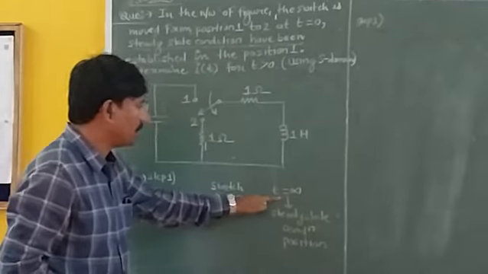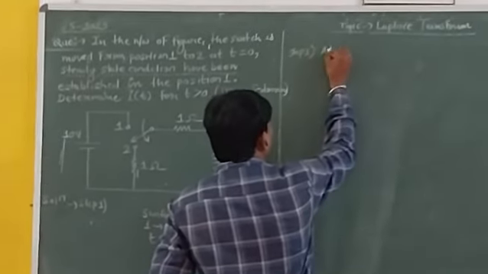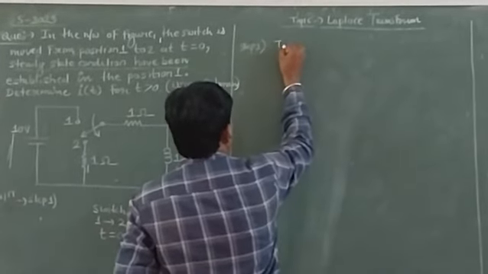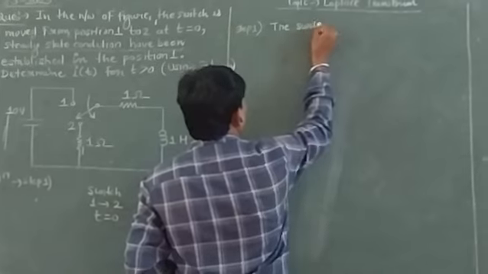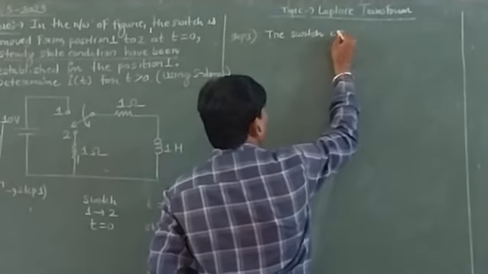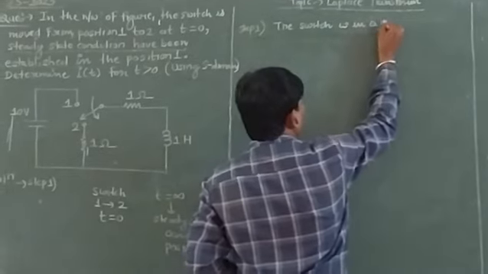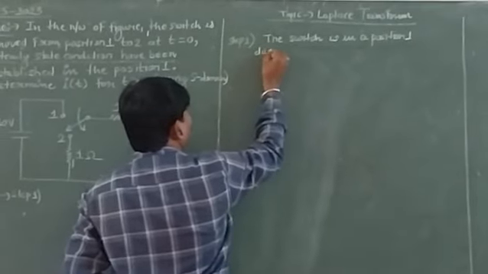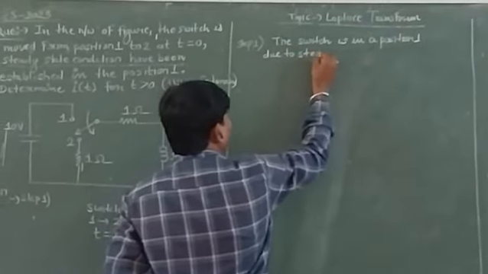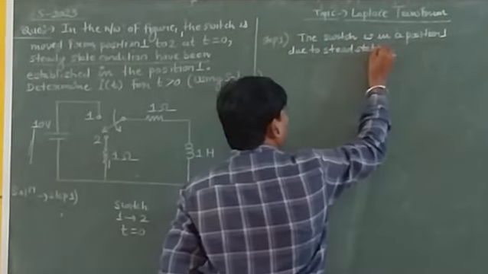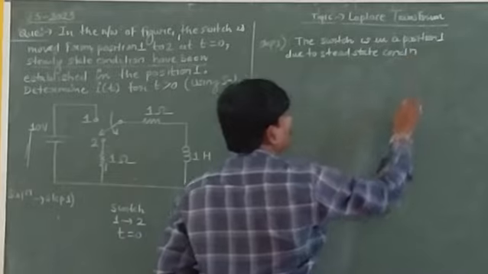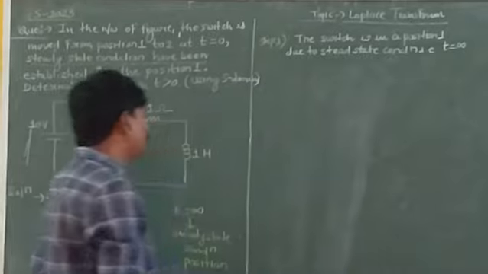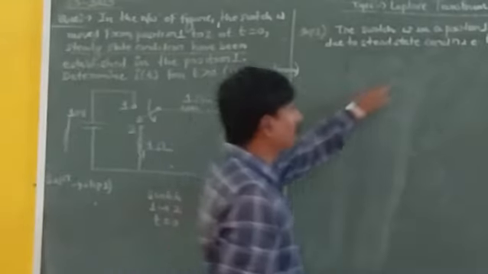The steady state condition means that the switch is in position 1 due to the steady state condition, that is t equals infinity. Now I want to solve this question by taking the condition t equals infinity.